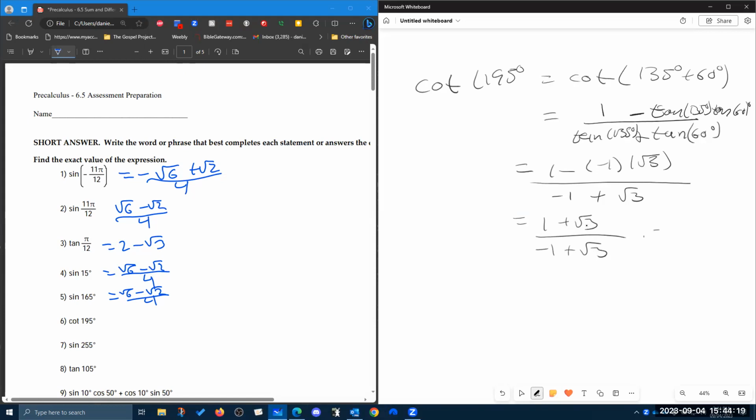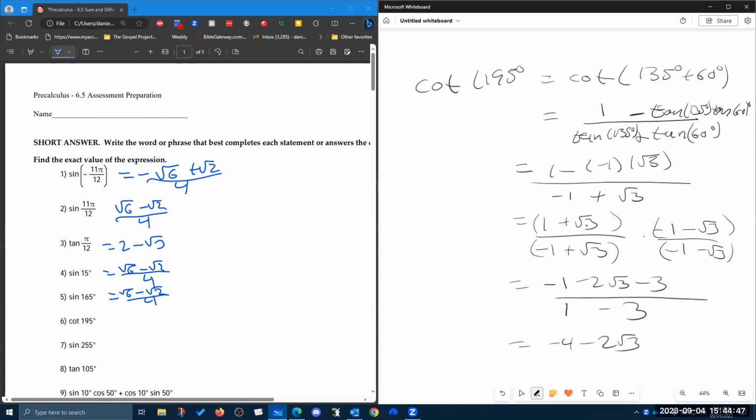I'm going to rationalize that with a negative 1 minus root 3. Negative 1 minus root 3 times 1 plus root 3 gives negative 1 minus 2 root 3 minus 3, over 1 minus 3 is negative 2. That's negative 4 minus 2 root 3 over negative 2, which is a positive 2 plus root 3.